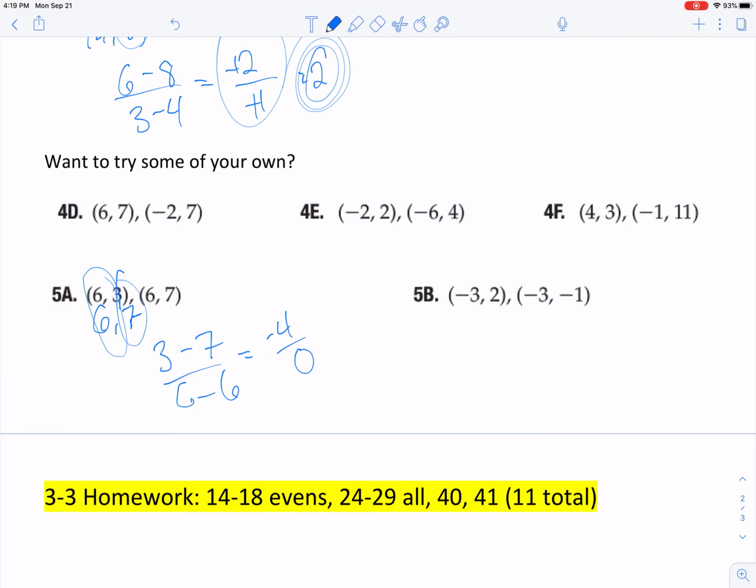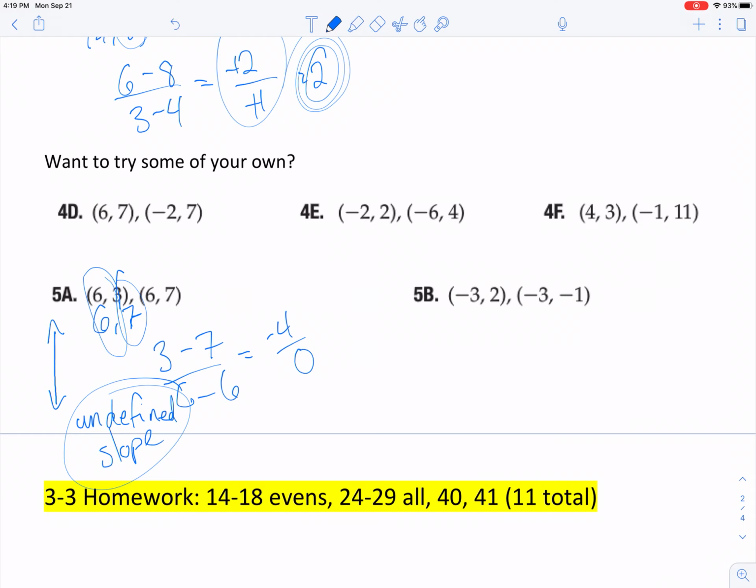It's going to tell you error. And that's because you can't divide by 0. In this case, this line is actually going to look like a straight, happy vertical line graphed like that. We call this an undefined slope. So if you end up with a division of 0, your slope is undefined.